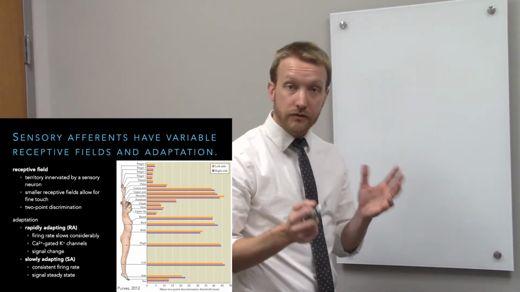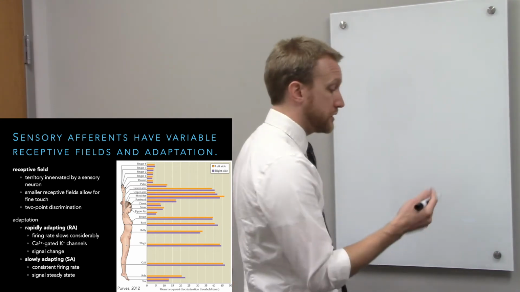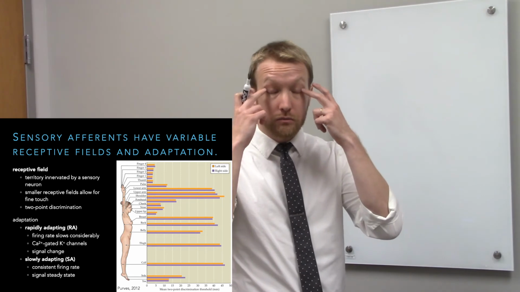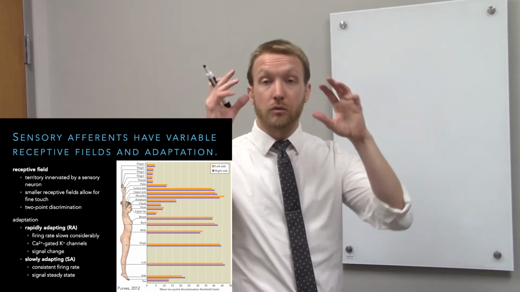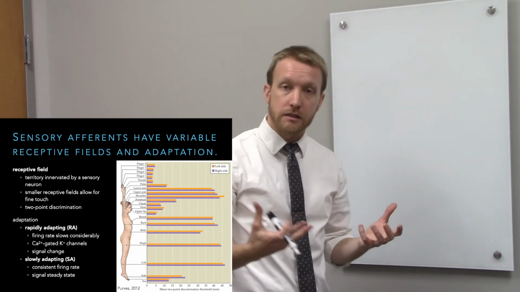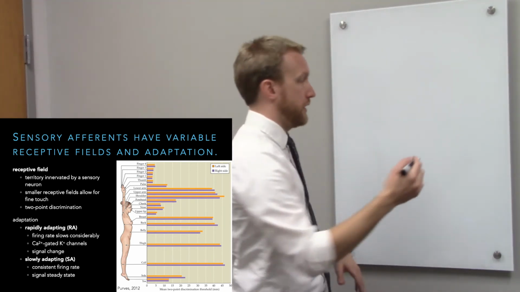And that area of skin innervated by a neuron is just called its receptive field. That's just the territory for any sensory neuron. If it's a visual neuron, then it's which part of the retina, or which part of the visual field does it pick up. But since we're talking about somatosensation, it's what patch of skin have we innervated.